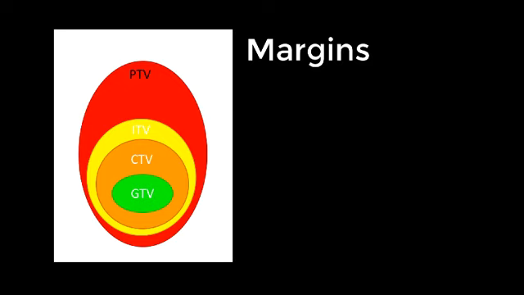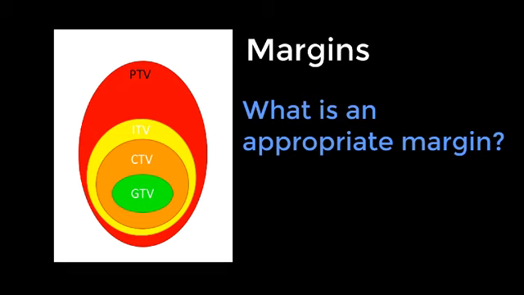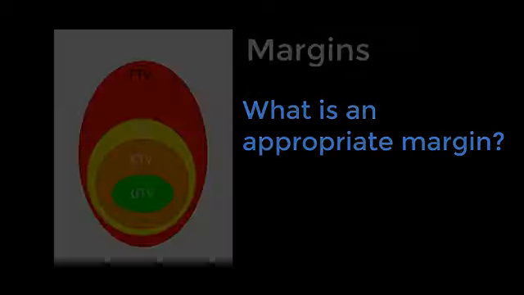Then the expansion from CTV to PTV, planning target volume, is to account for variability in basically targeting of the beam relative to the patient. So that expansion we can understand, and we can start to ask the question, what is the appropriate margin for that expansion? To understand that, we're going to have to talk about the variability in patient alignment and setup during treatment. So let's look at that.